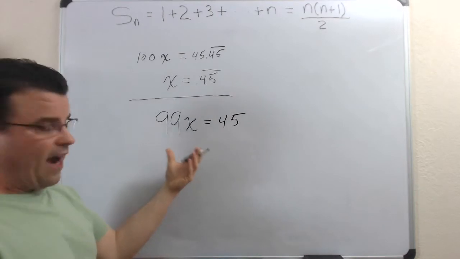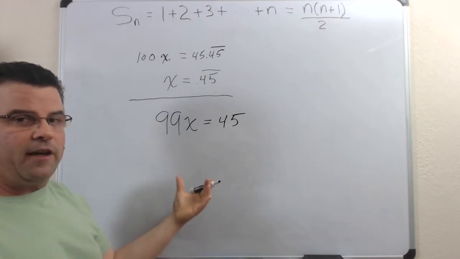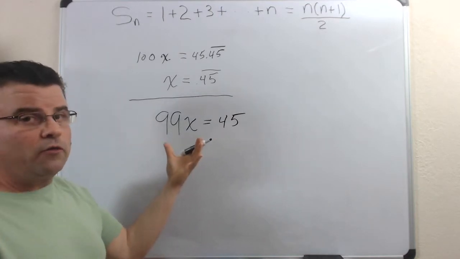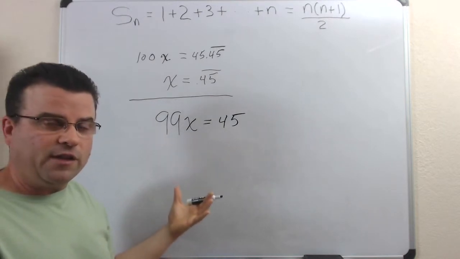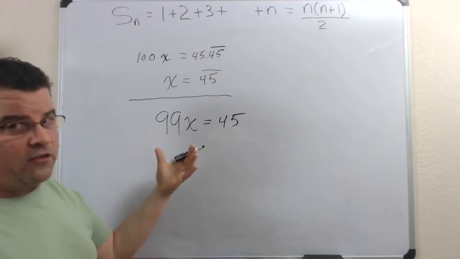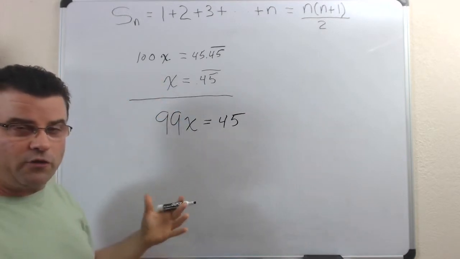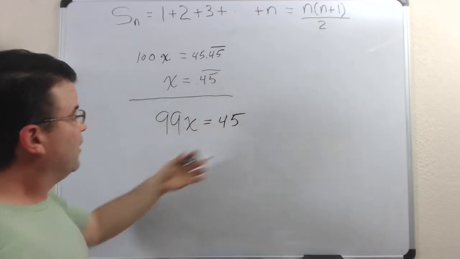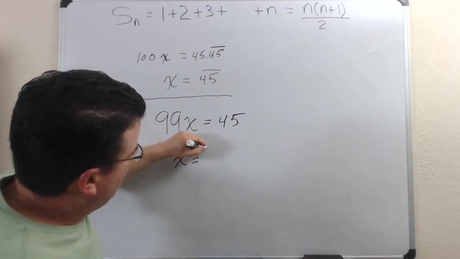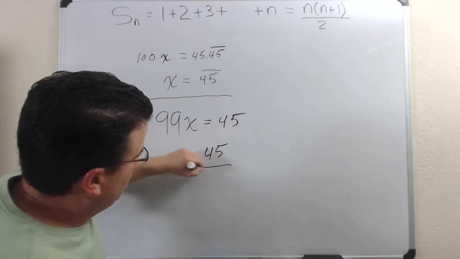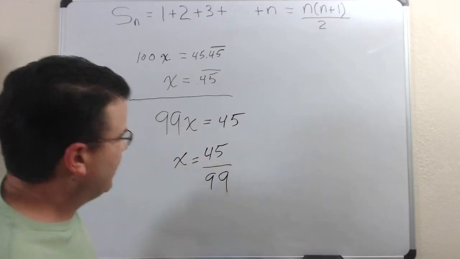And now we're going to isolate x on one side of the equal sign. We are treating it as if it's a variable from all of our experience in solving equations. But x never was a variable in this whole thing. We're just re-expressing x in a different way. So I'm going to divide both sides by 99, and you get x equals 45 divided by 99.